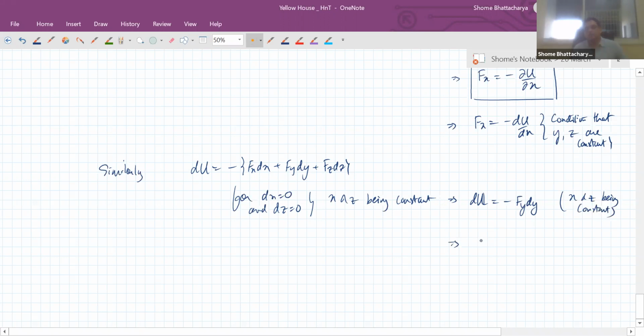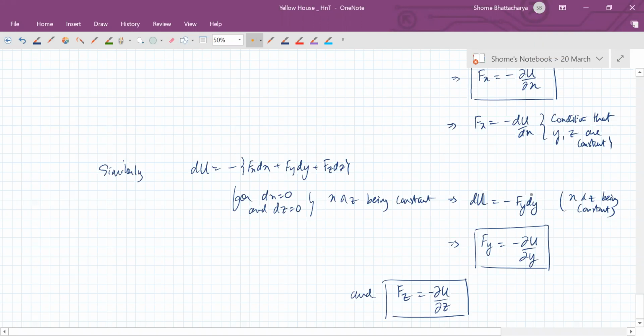So the inverse of this relation is that Fy is negative of partial gradient of u with respect to y. And likewise, Fz will become negative of partial gradient of u with respect to z.